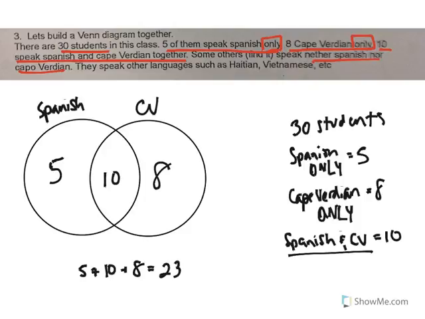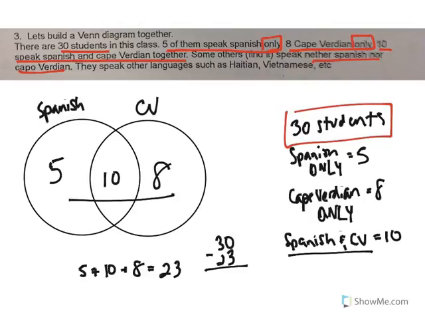Now, the problem tells me that there's 30 students total. So I'm going to subtract the 23 students that are accounted for in the Venn diagram from the 30 total students, and I'm going to get 7 students. So there are 7 students that speak neither Spanish nor Cape Verdean.